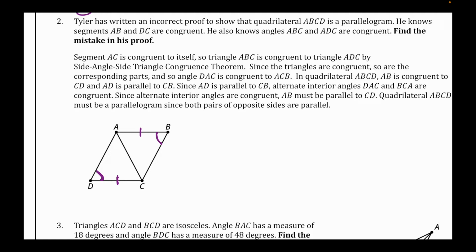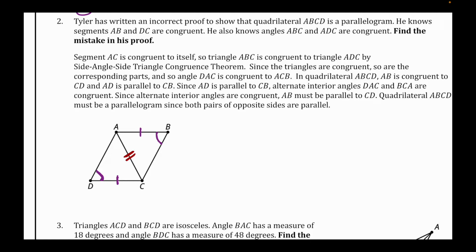I'm going to mark what he is saying in red, and as we go, you'll see why he's incorrect. He says AC is congruent to itself, and I agree that any segment will be congruent to itself, so we'll mark that.